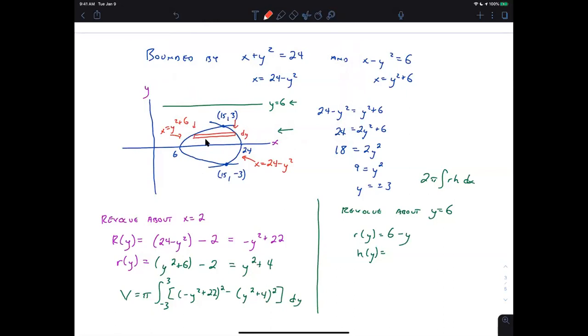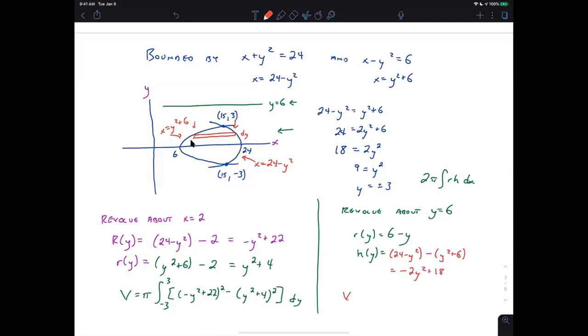Okay, but the x on the right minus the x on the left. So we would go 24 minus y squared minus y squared plus 6, which is negative 2y squared plus 18.